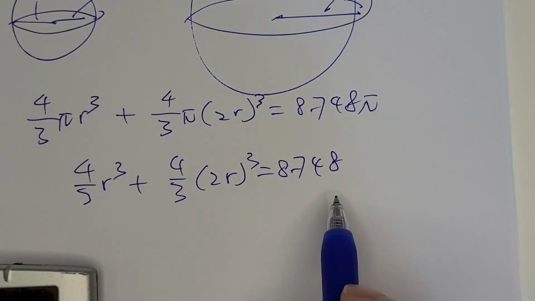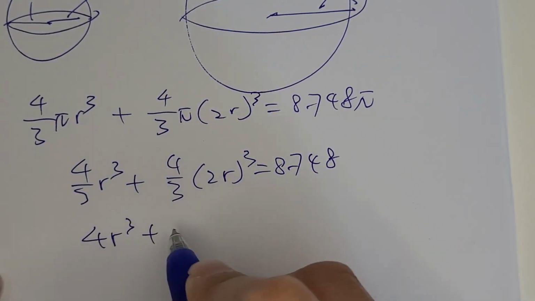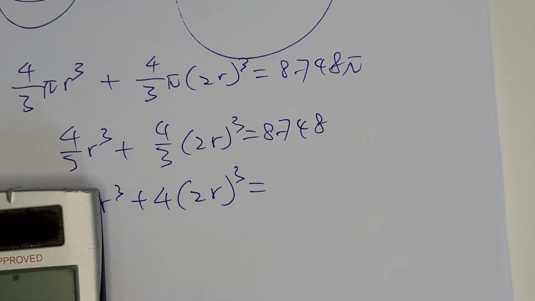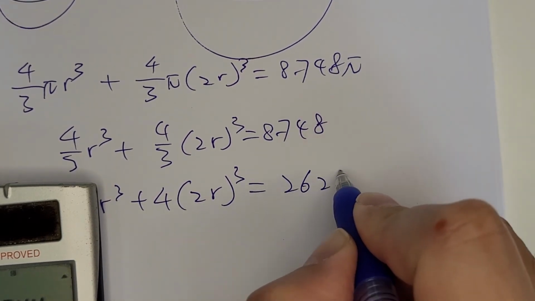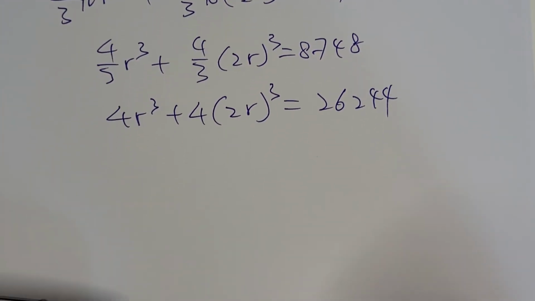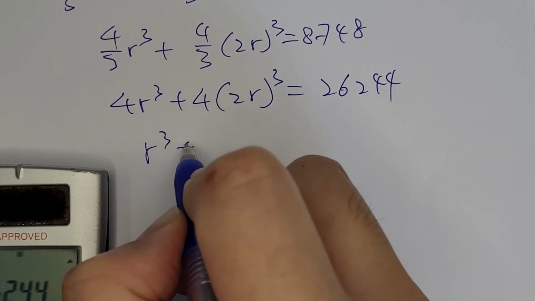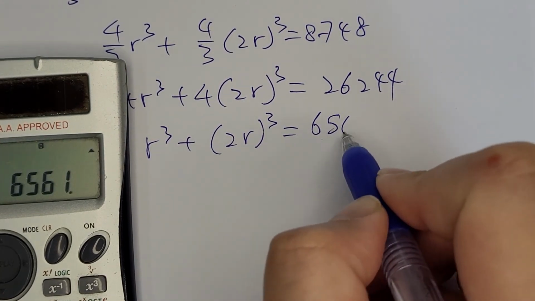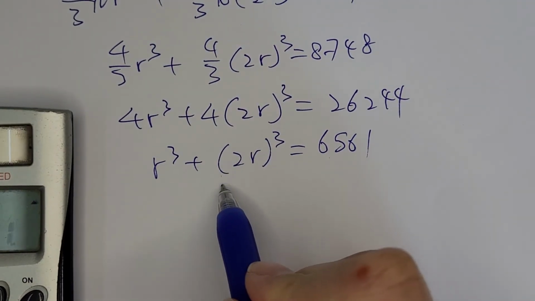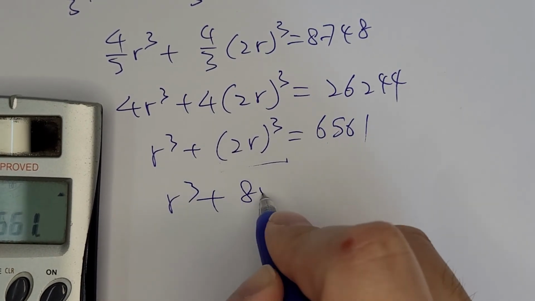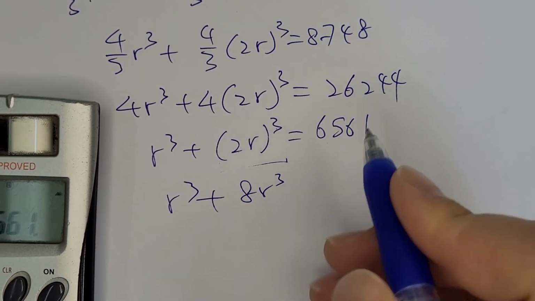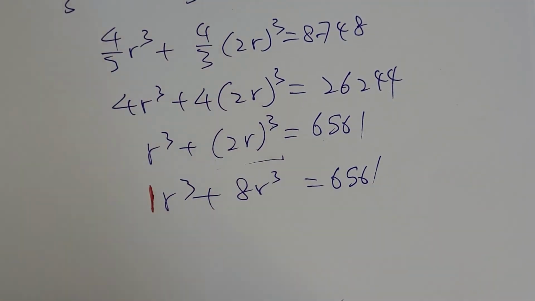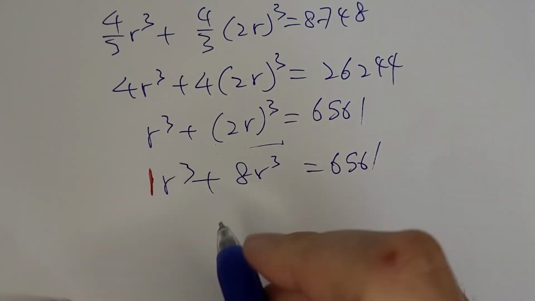And each term multiplied by 3, 4r cubed plus 4 bracket 2r cubed equals to 8748 times 3, 26244. Then every term divided by 4, so r cubed plus bracket 2r cubed equals to 6561. So you need to simplify now. R cubed plus 8r cubed, 2 to the power 3 is 8. Okay. So here there's a hidden 1 in front of it. 1r cubed plus 8r cubed, that is 9r cubed.